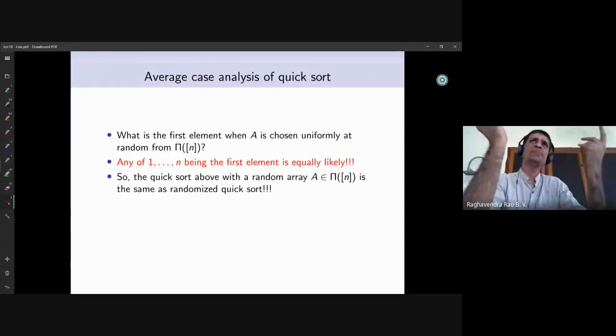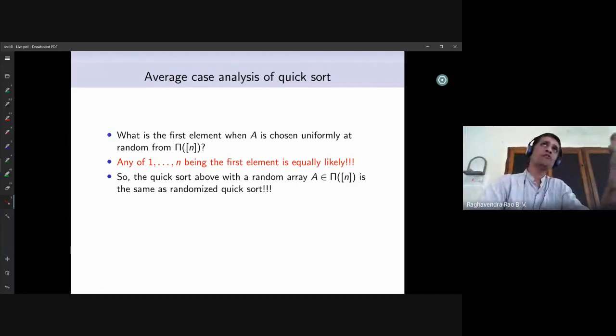What do you mean by essentially the same? If you look at the distribution of pivots in the randomized quicksort, at each recursion level you are randomly choosing a pivot. So you look at the distribution: the first pivot is this, the second pivot is this, the third pivot is this, and so on. Similarly, you look at the distribution of pivots in the second experiment, the deterministic quicksort that chooses the first element of the array as a pivot, run on a random permutation.